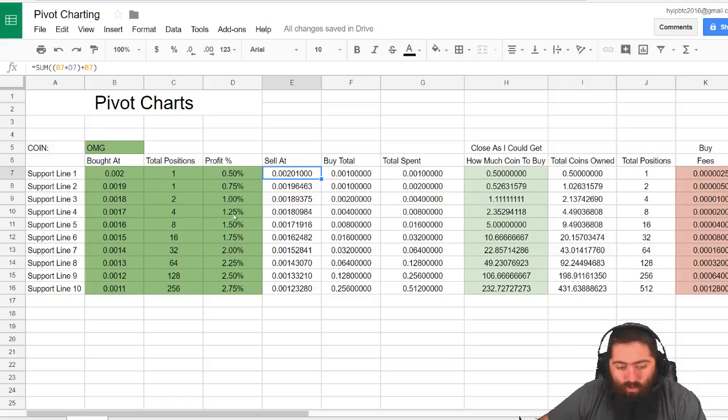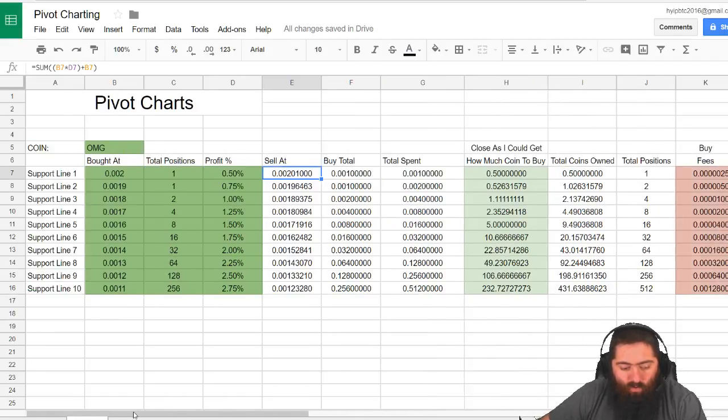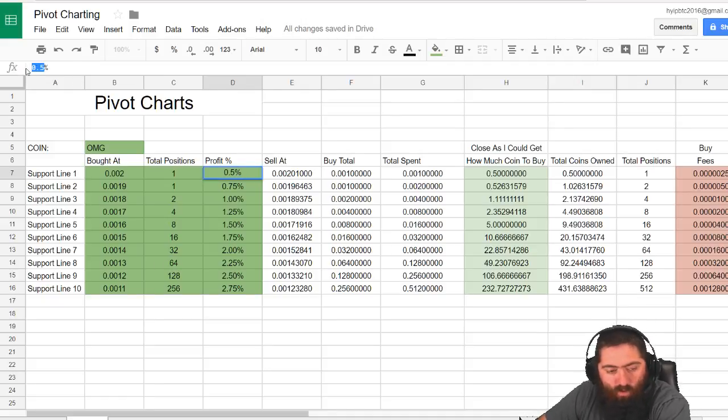I normally try to shoot for at least 2% for the first 5 lines, and then 4% for those lines down from 6 to 10, just to help get my profits a little higher. So in these sheets, just come up here, change these to 2%, no, not 22.